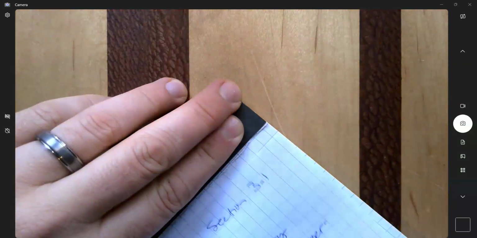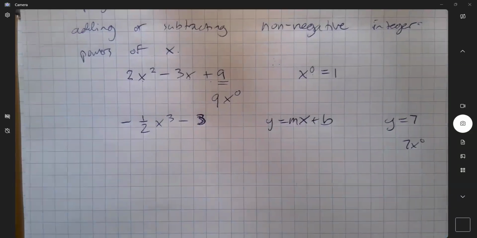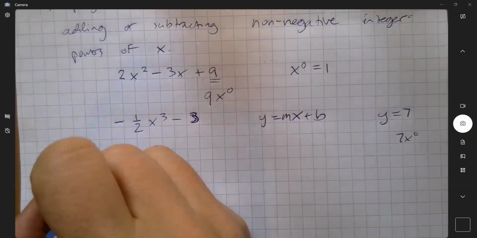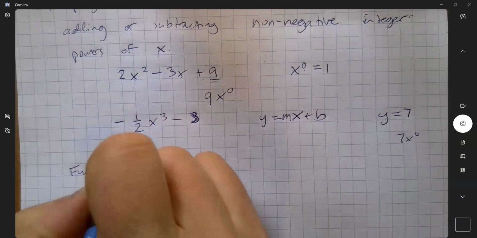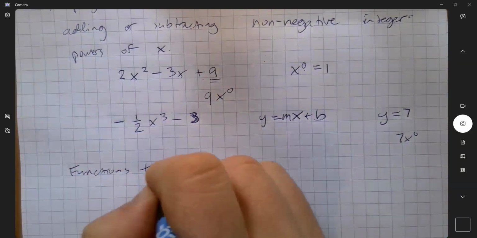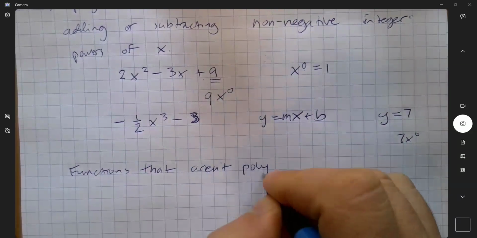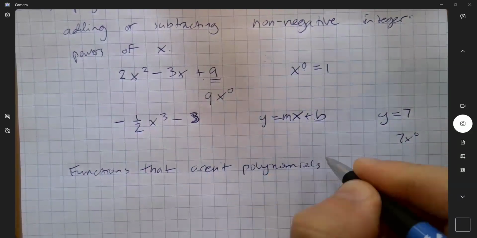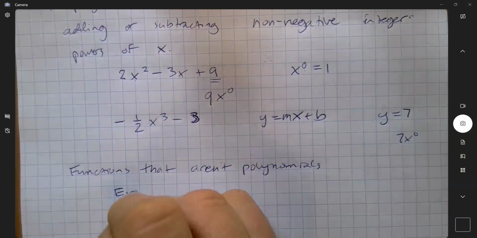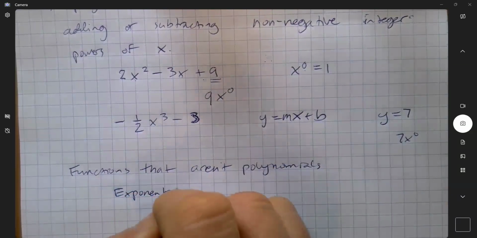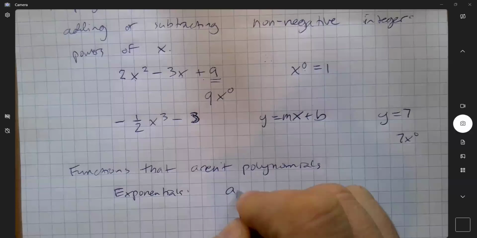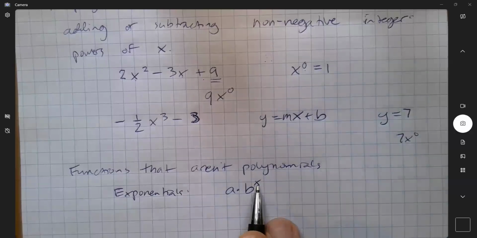Some functions that aren't polynomials include exponentials. These are not polynomials because the x is in the power.